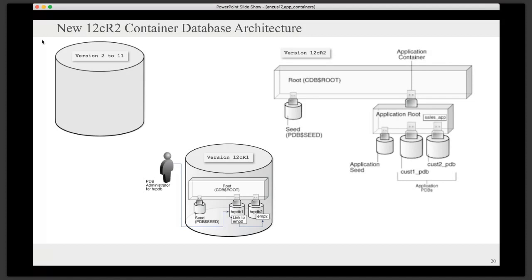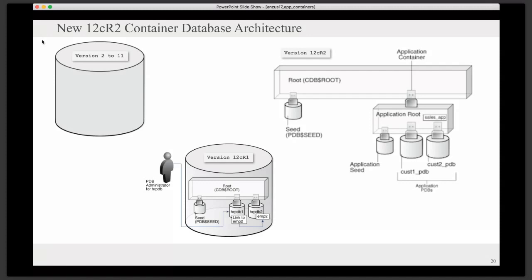With 12.2, Oracle added another logical layer. So if you look on the left, you'll see that they still have something called seed as PDB$SEED. But rather than having pluggable databases plug into root, which you still can do, the concept became that you'd plug in an application root, which would essentially be your application, your tables, your views, your PL/SQL code.